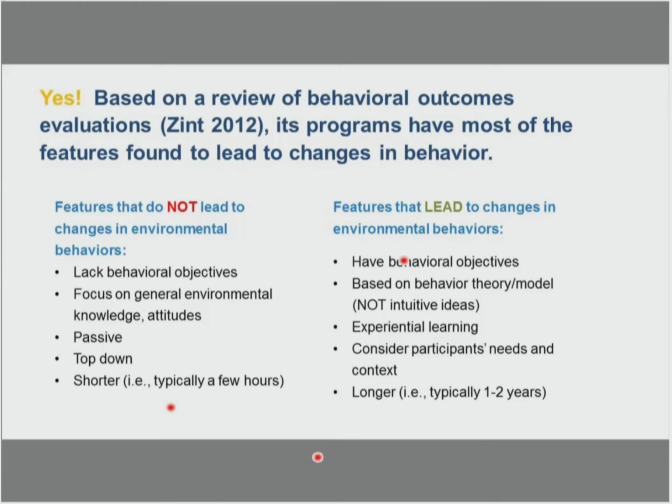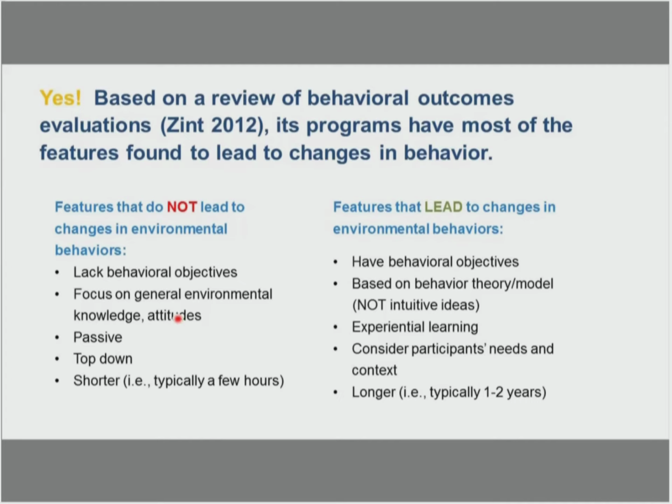When we looked at the Chesapeake Bay Foundation programs, they had 4 out of the 5 characteristics here, making it likely that their programs have the chance to achieve that behavioral outcome, and therefore it made sense to proceed.